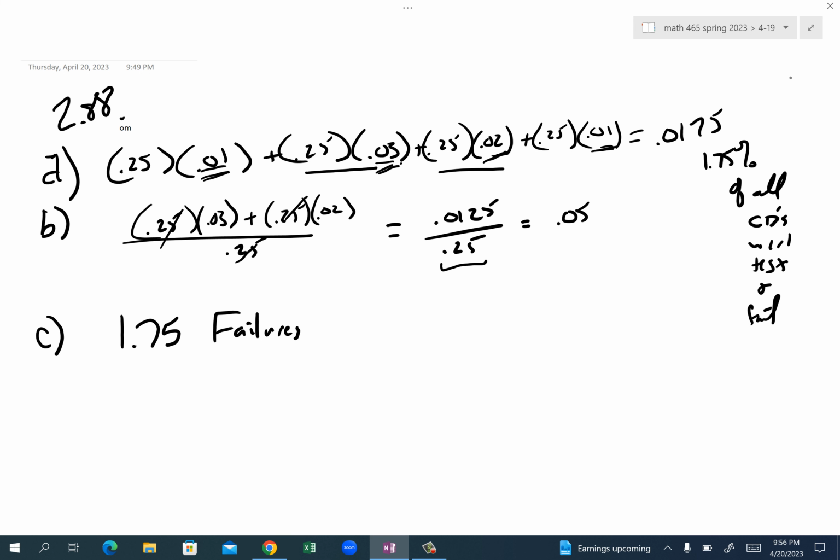So out of the 100 CDs, I would expect to fail about 1.75 of them for every 100. That's on average. Now, part D says, given the CD was defective, what's the probability that it was tested? Ooh, interesting.